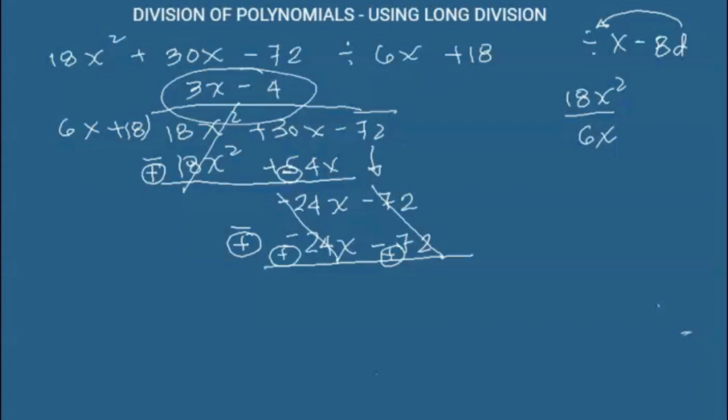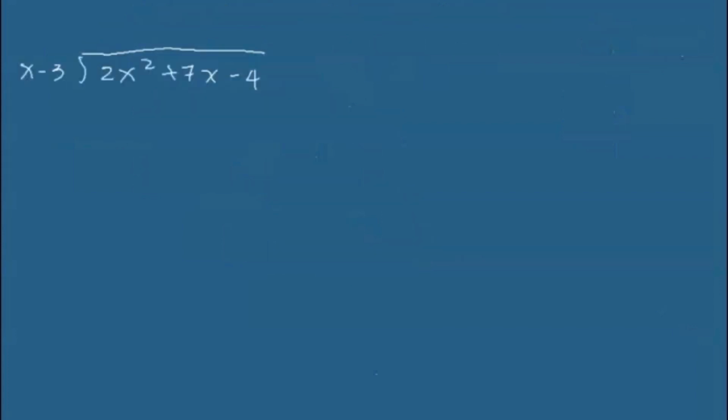Let's have another example. This time we have 2x squared plus 7x minus 4 divided by x minus 3. Let's start with the first term. 2x squared divided by x is 2x. 2x times x is 2x squared. 2x times negative 3 is negative 6x.